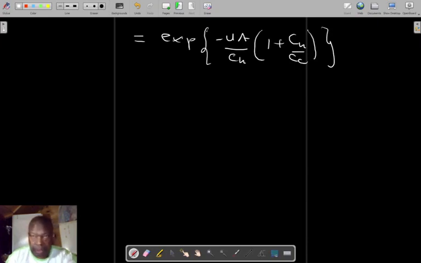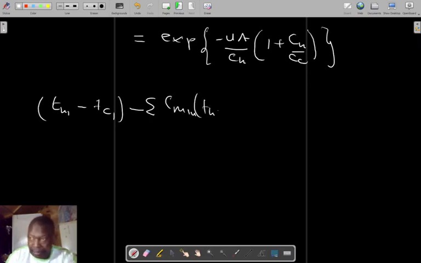So we have (TH1 - TC1) by removing the brackets, minus C minimum (TH1 - TC1).